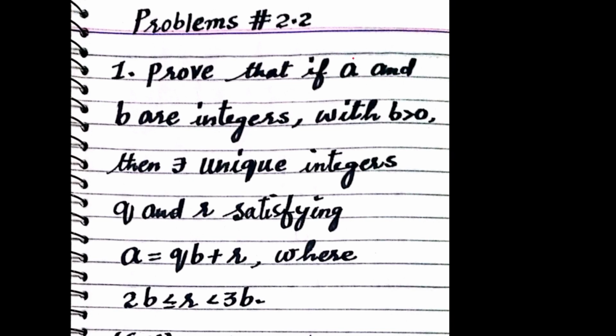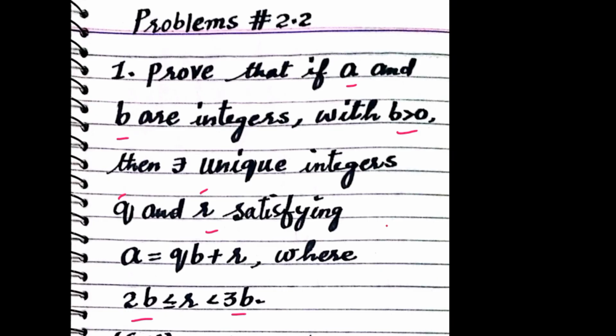Prove that if a and b are two integers where b is positive, then there exist unique integers q and r satisfying a is equal to bq plus r, where r is the remainder that lies between 2b and 3b.